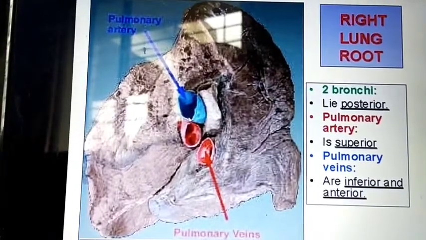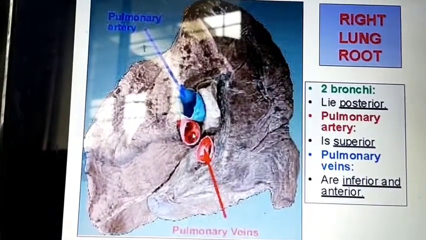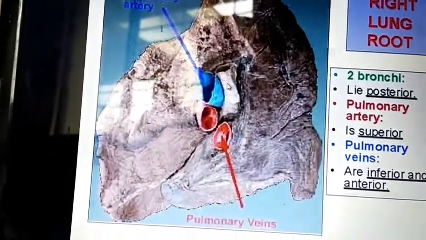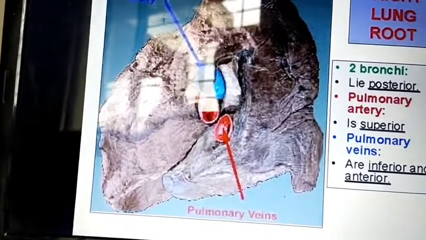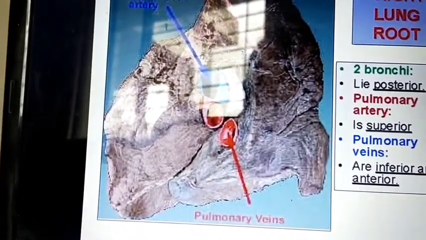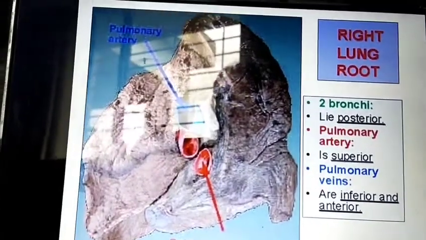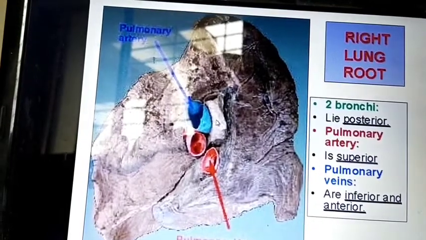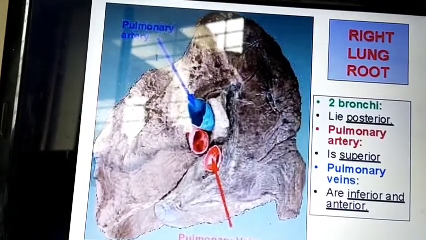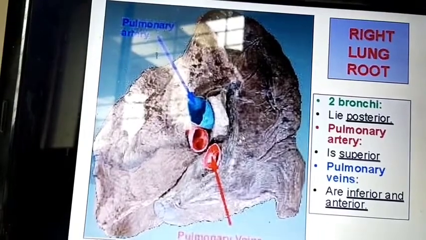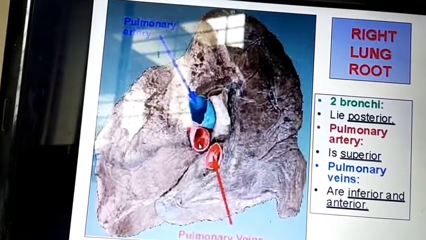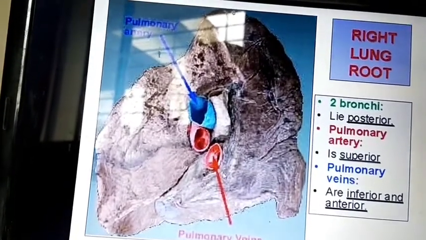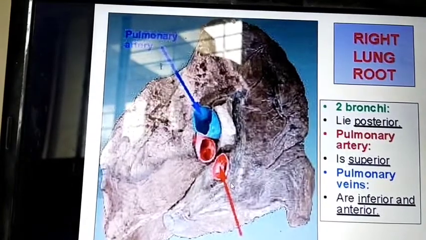This is the pulmonary artery and this is the pulmonary vein, with the superior pulmonary vein anterior. That is about the right lung.